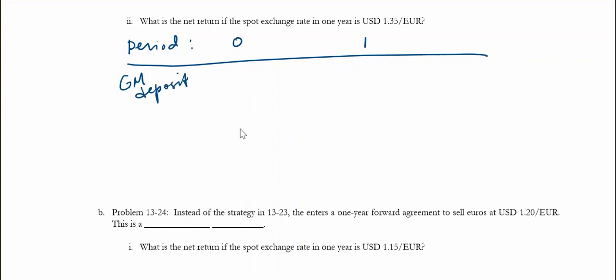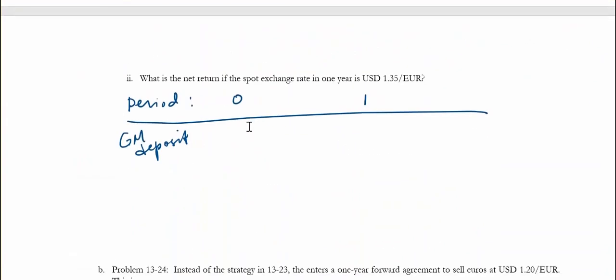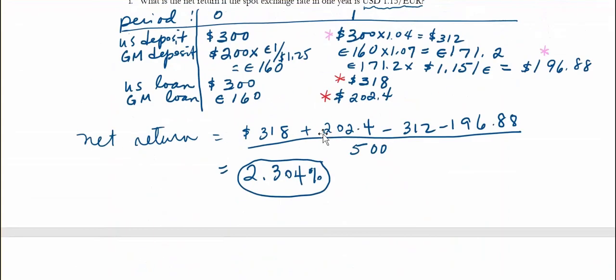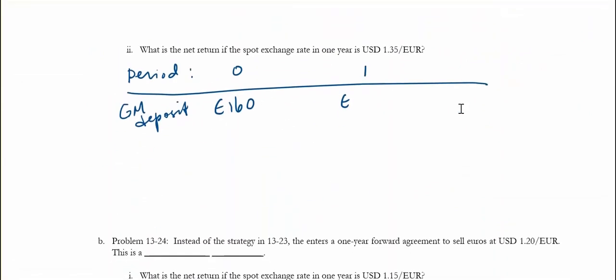We had already calculated that the German deposit would be 160 million euros, and in euros we found that we'd have to give the depositors 171.2 million euros.